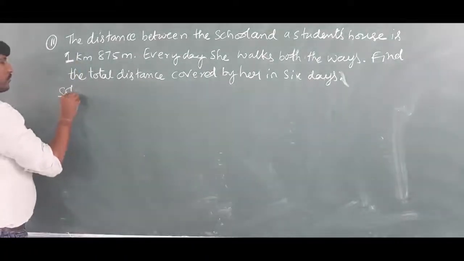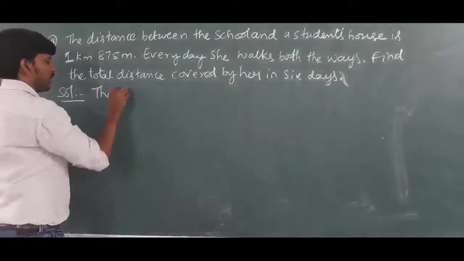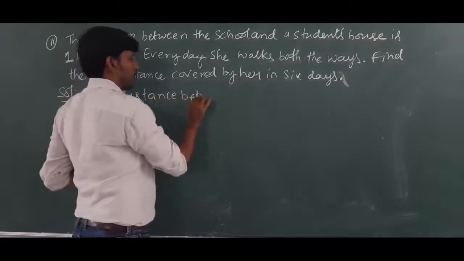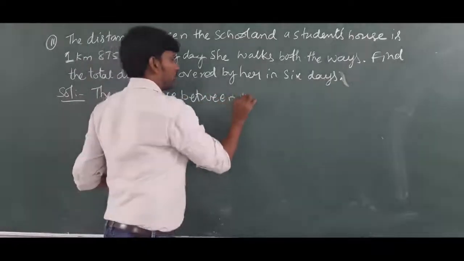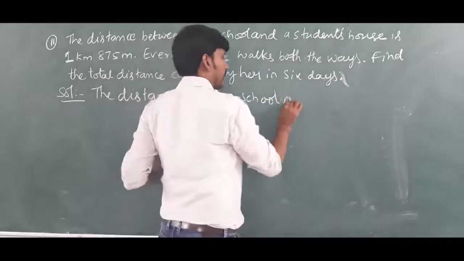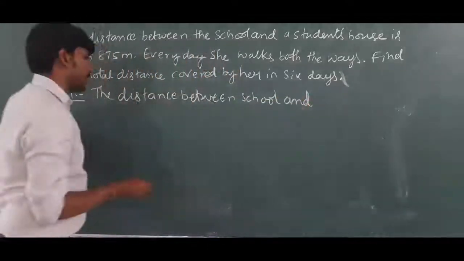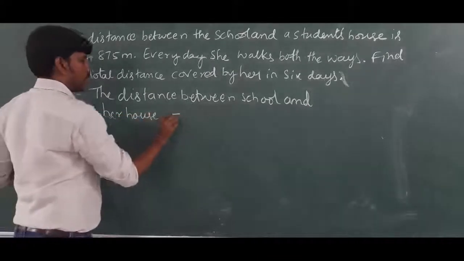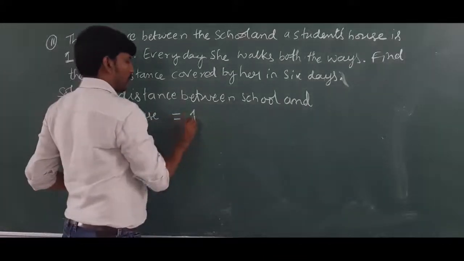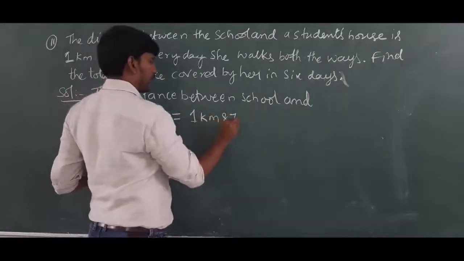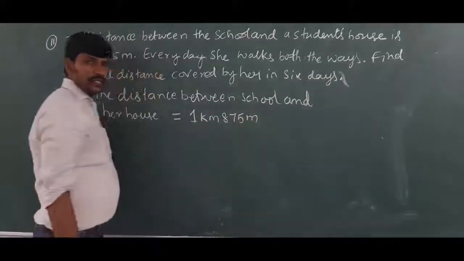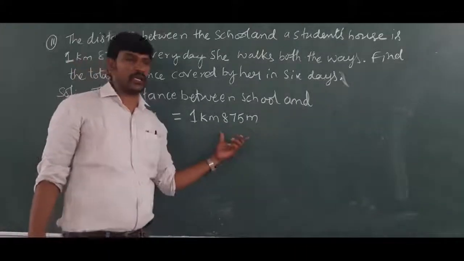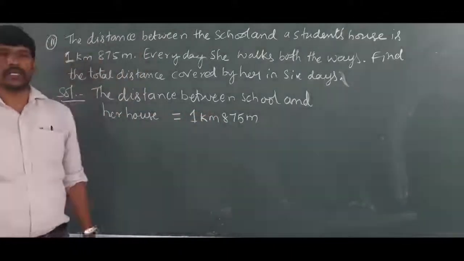Okay, solution. So the distance between school and her house is equal to 1 kilometer 875 meters. Whenever you have this type of question, with kilometers and meters together, just convert into meters.